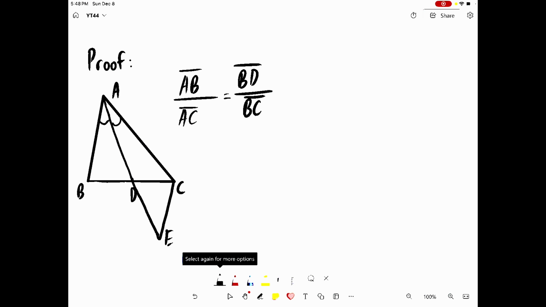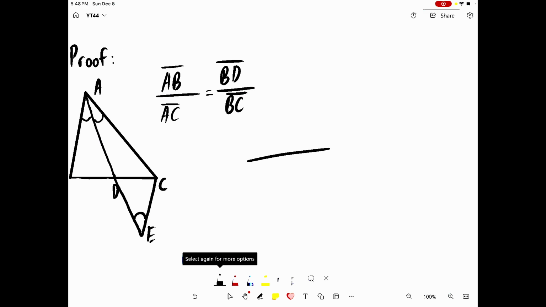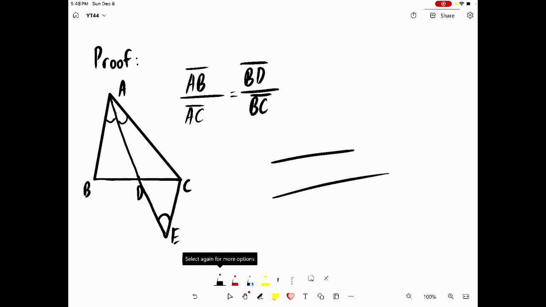So we have to prove that the angles of those triangles are equal. Now DEC is equal to BAD. Those angles are equal because CE and AB are parallel, and you have a transversal intersecting them, so they're alternate interior angles.